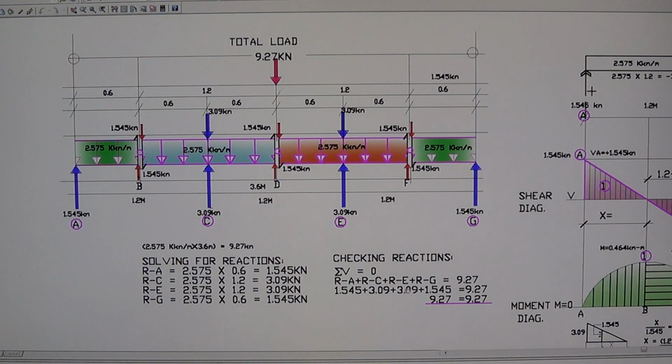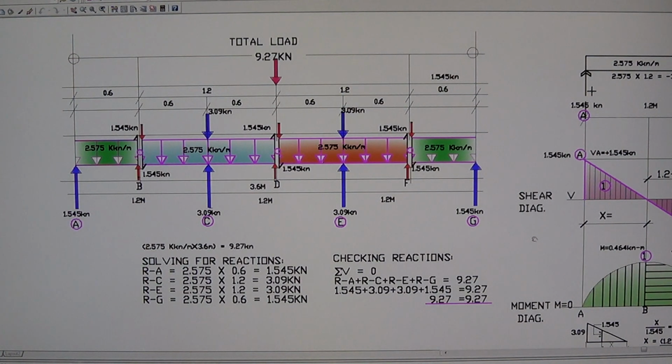You solve this together, and this is 9.27 upward, equal to the downward, which is 9.27 as well. So therefore all these reactions we have are correct.